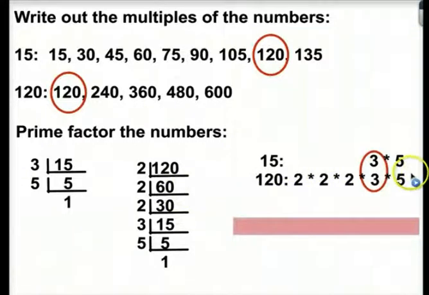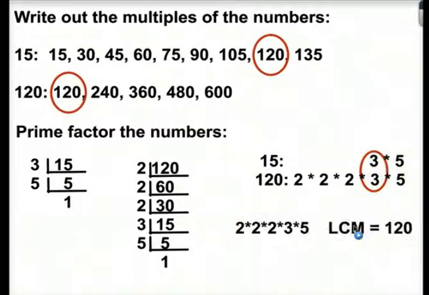And 15 and 120 share a 3. So now you're going to multiply 2 times 2 times 2 times 3 times 5. Actually, they share a 5 too. I should have had a circle around the 5s. They share a 5. And when you multiply all those together, your answer is 120.